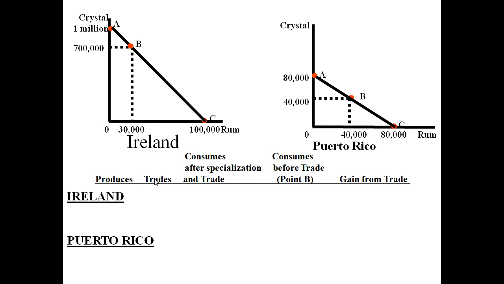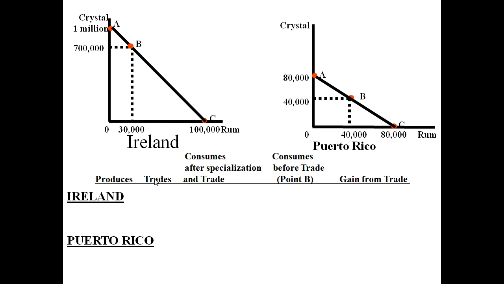If we're looking at Ireland as it trades off between making crystal and rum, as you go from A to B, for example, they give up 300,000 crystal for 30,000 rum. So it is trading off at a 10-to-1 margin from crystal to rum.